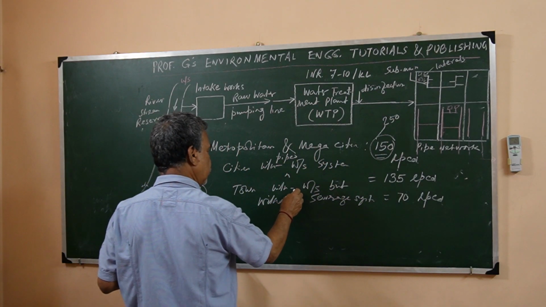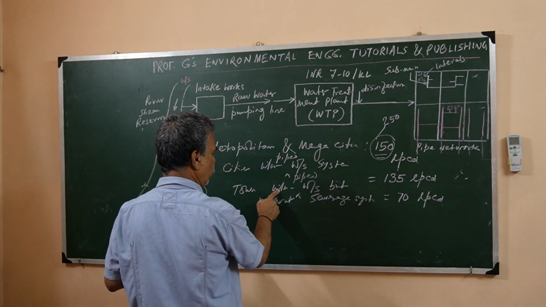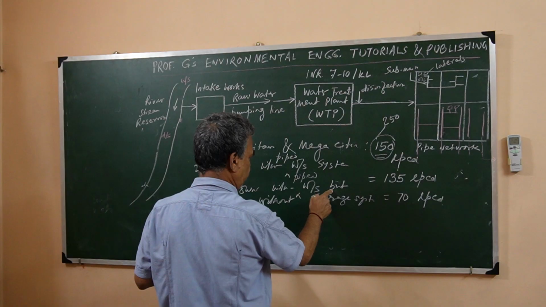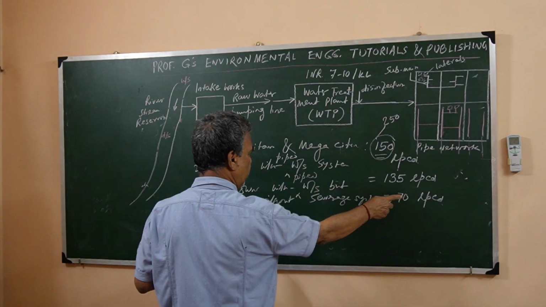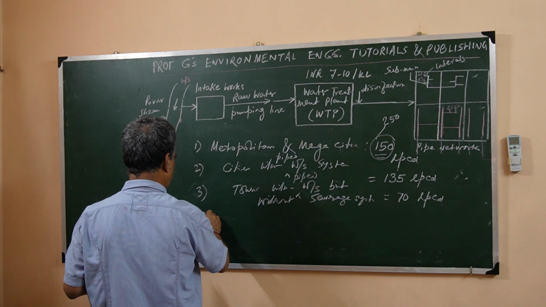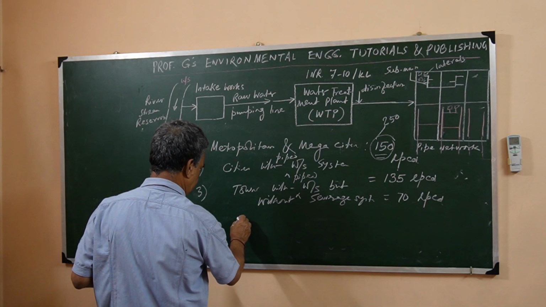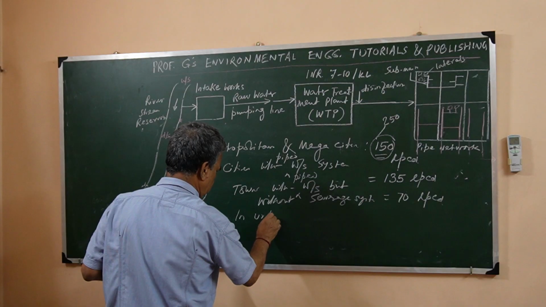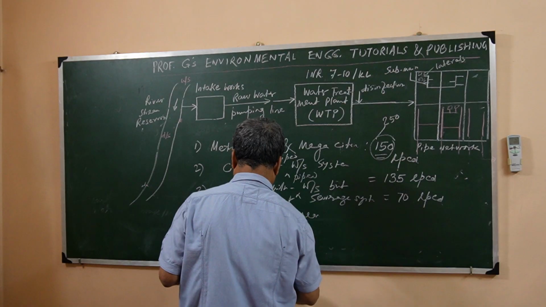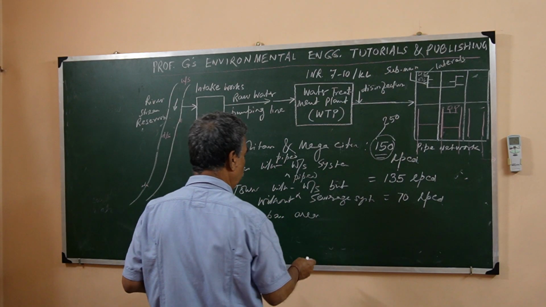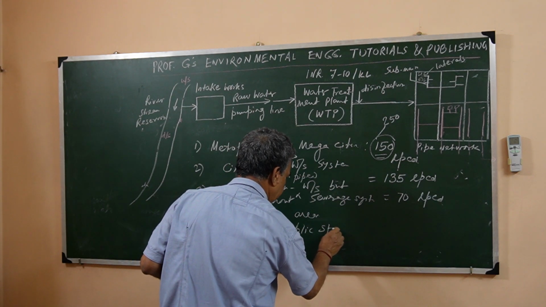Again, let me tell you that this is with a piped water supply system, but there is no sewerage system for collection of the wastewater. In that case, the demand will be 70 LPCD, and also in small peri-urban or urban areas where water is supplied through public stand posts.